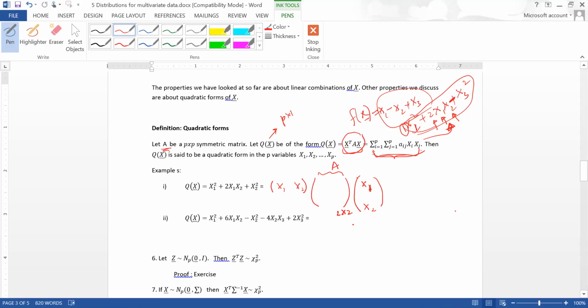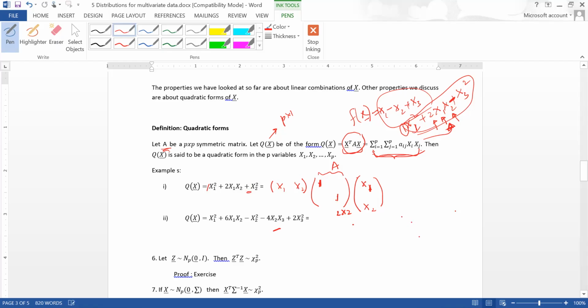Now remember, it's easier to write this matrix if you know the way. The very first element should be the coefficient of the square. Anywhere along the diagonal, you have the coefficient of square terms. So the first diagonal element should be the coefficient of x1 square, which is 1 here. The second diagonal element is the coefficient of x2 square, also plus 1.